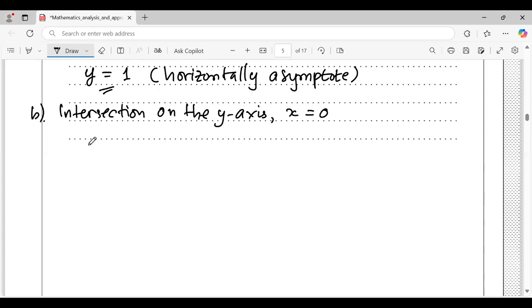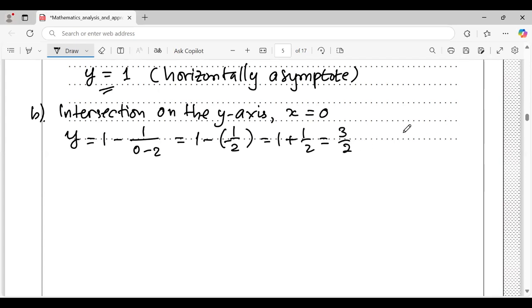If x equals 0, the equation becomes y equals 1 minus 1 over 0 minus 2, which is 1 minus 1 half. That becomes 1 plus 1 half, or 3 half. So the coordinate point is (0, 3 half), because it is (x, y).